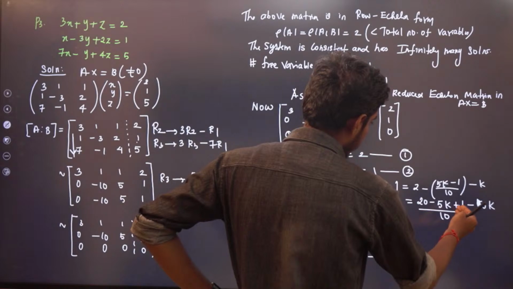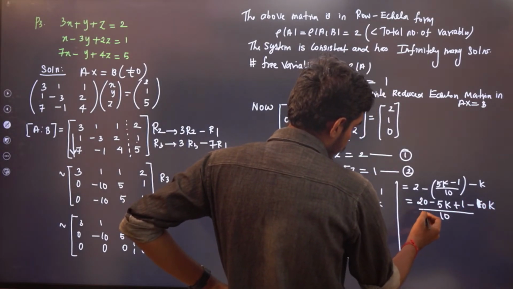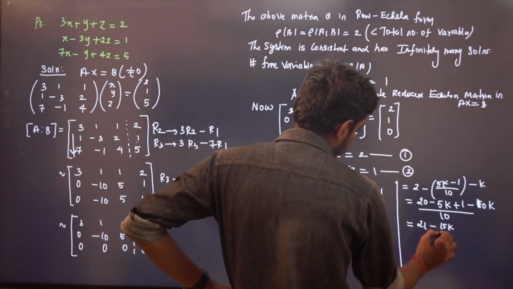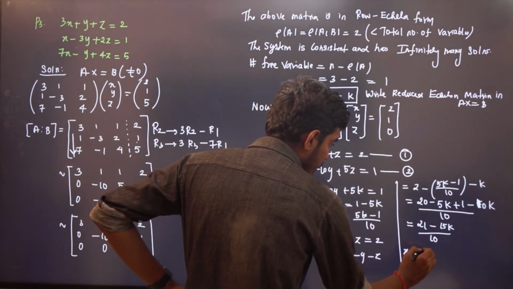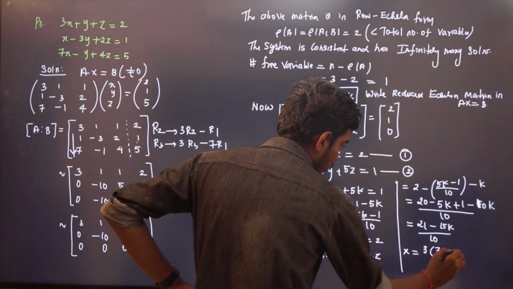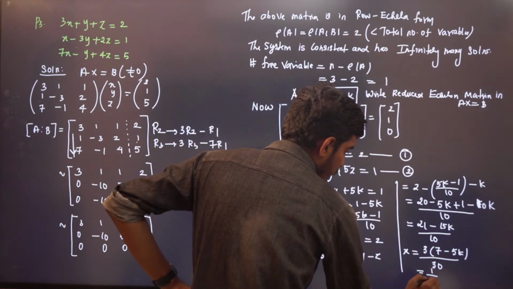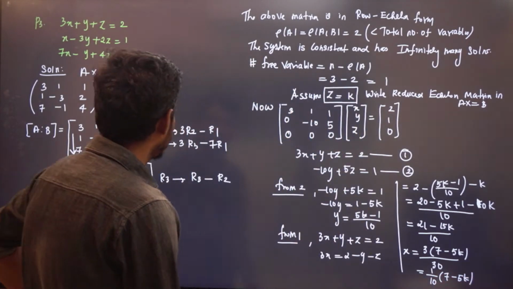So 20 minus 5k plus 1 minus 10k by 10. So 21 minus 15k by 10. This is 3x. So x is (7 minus 5k) by 30, which is 1 by 10, (7 minus 5k). So this is your solution.